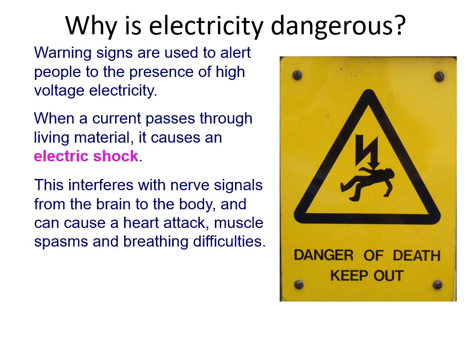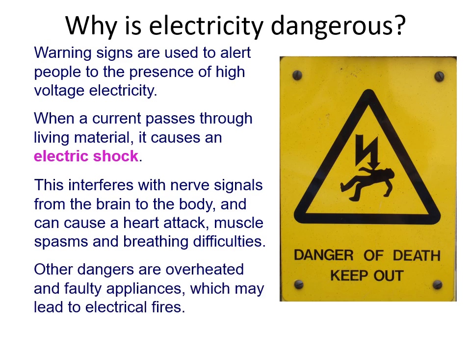And the after effect of the shock can be that it can cause heart attacks, breathing difficulties, etc. Other dangers, as I said before, are overheating and short circuits, all those things can lead to fire. So these are the dangers associated with current electricity. The high voltage of 230 volts has all these problems.